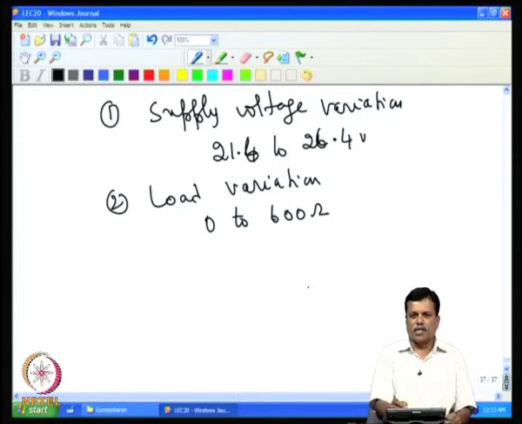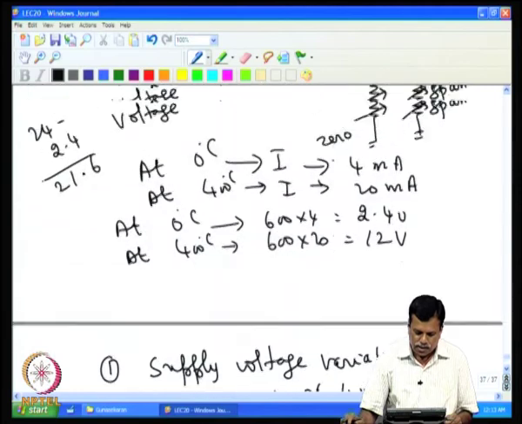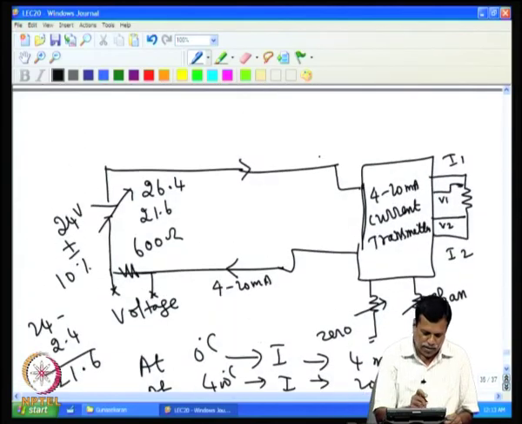So, while designing we have to consider these two factors as well, because the battery voltage may not be constant, and different people use different loads. Some people use only a few ohms, some people may use the full 600 ohms.